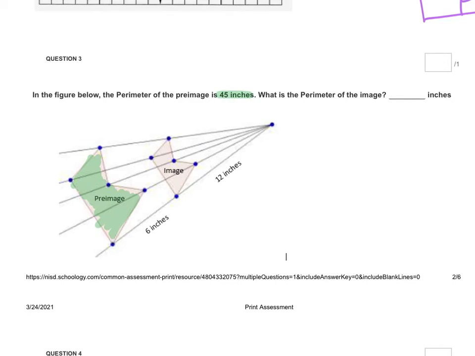We want to know the perimeter of the actual image, so the blue. So we're going to go green to blue. Okay, in order to find that, first we need to find our scale factor. Okay, so our scale factor is going to be the ratio of our image to our pre-image.